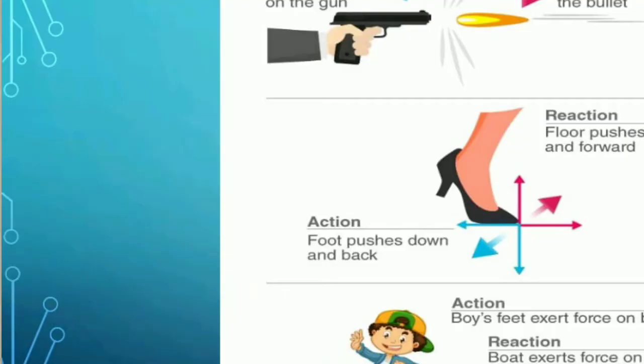Now, coming to the conservation of momentum. By definition, the total momentum is conserved. The total change in momentum is zero if no external force is acting on it. That means the total momentum of a system before collision is equal to the total momentum after collision.